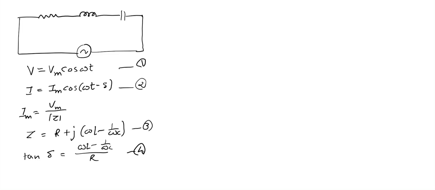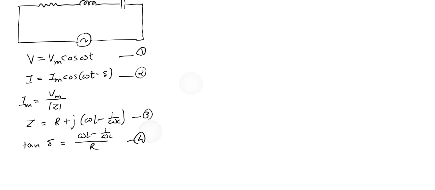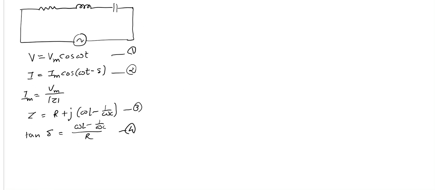Moreover, we have two more equations. We know that Vrms can be given as maximum voltage by root 2 and IRMS can be given as Im by root 2.